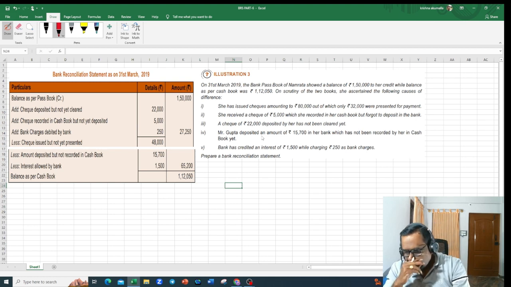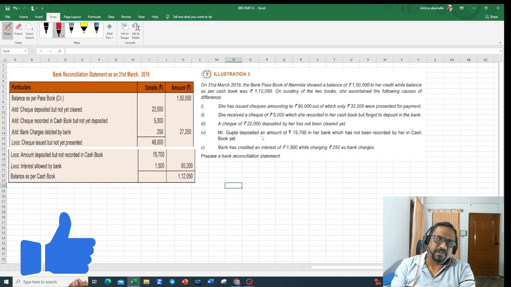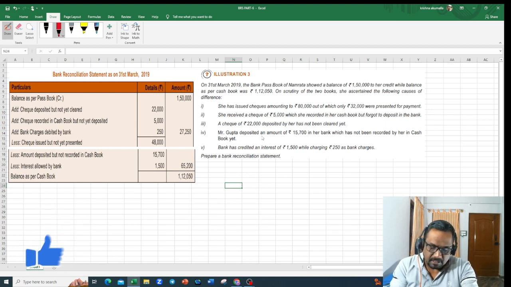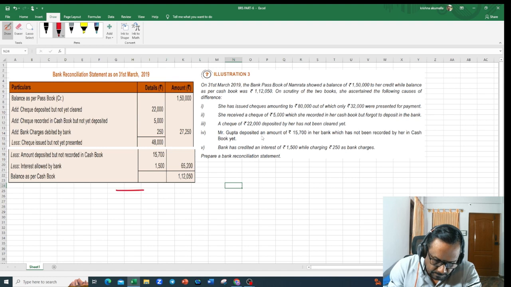Now, in our illustration 2, we took cash book as a base and prepared it. Now in this problem, I will take passbook as the base and prepare the bank reconciliation for your reference. As I said previously, whenever you want to start the problem, the first step is to draw.